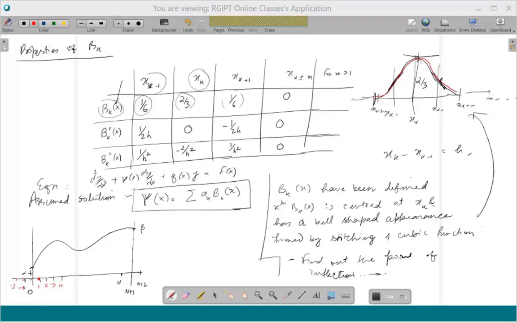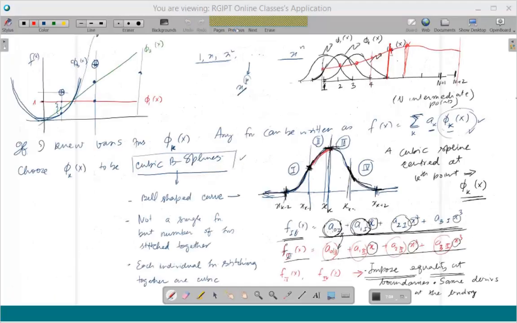As I told you, if you look at this point, here you can see that for this value at this point, there are three b's which actually contribute. One would be, of course, this one that is centered there itself.